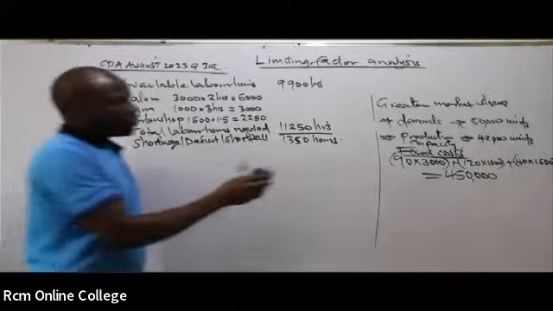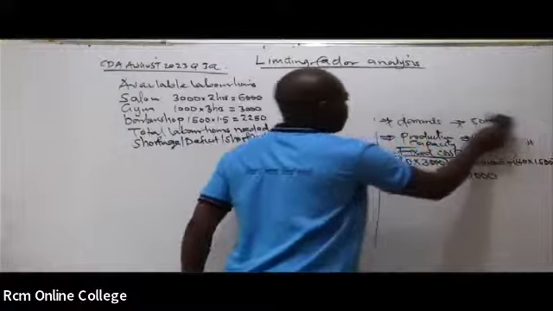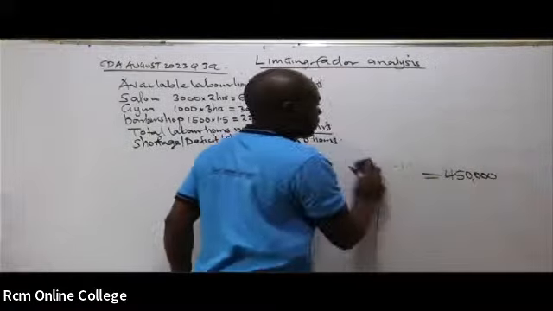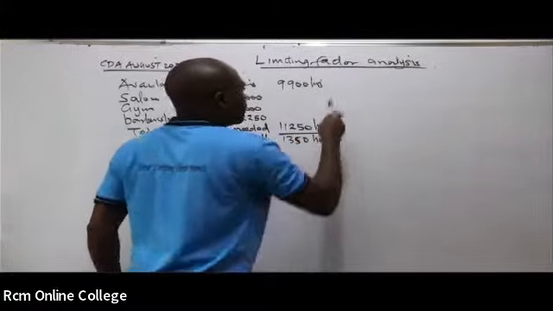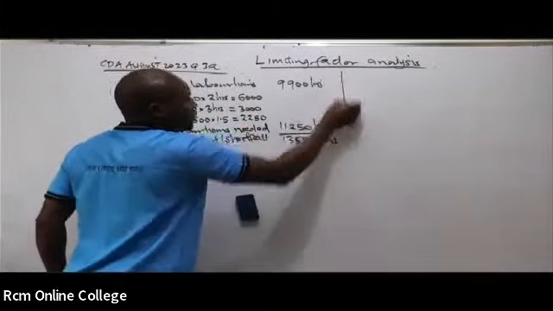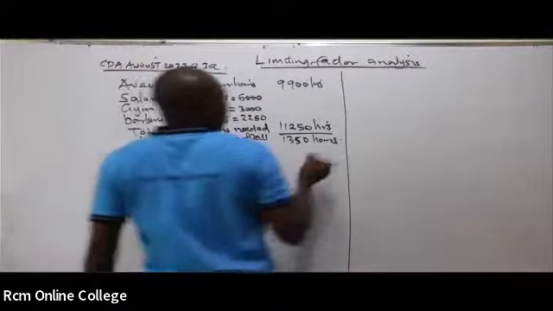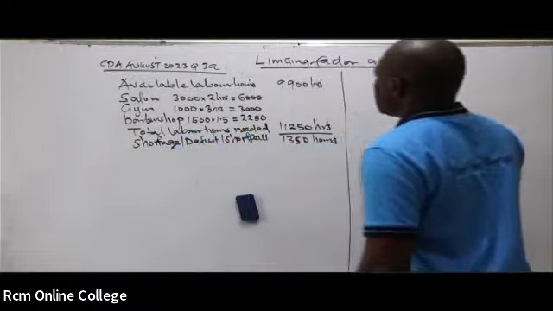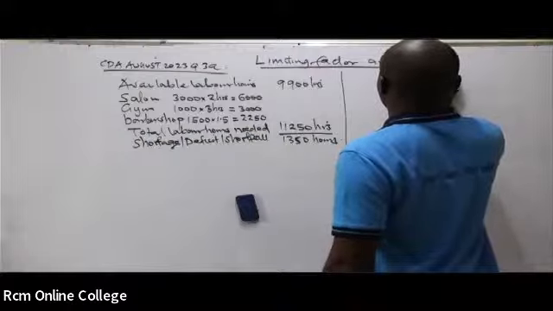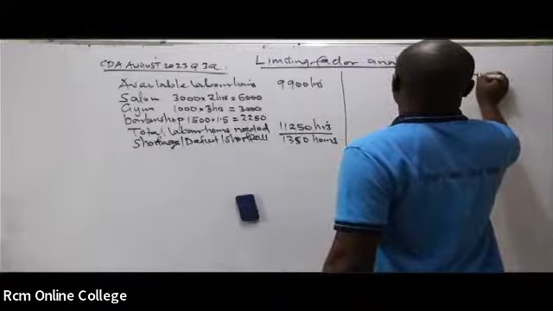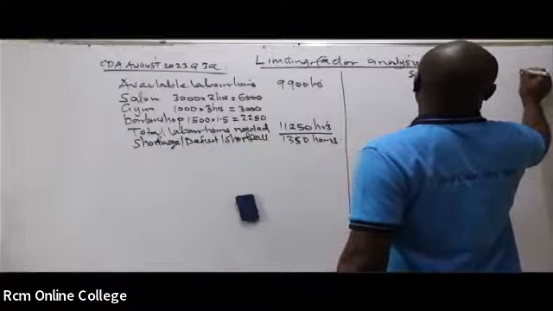Allow me to create some space here and explain this clearly. I will be having the three products: salon, gym, and of course, barbershop.